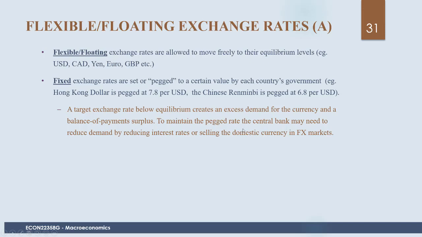And in order to maintain the pegged rate, the central bank may need to reduce demand by reducing interest rates or selling domestic currency in foreign exchange markets. So if there's excess demand for our currency, there's going to be a tendency for the exchange rate to want to increase. To prevent that, what the central bank would have to do is supply that excess demand.